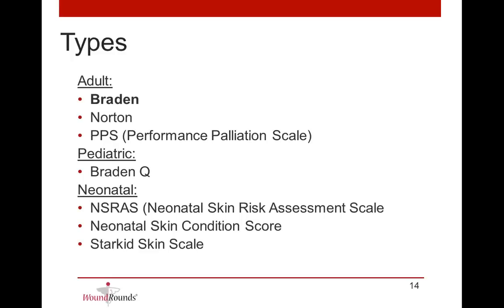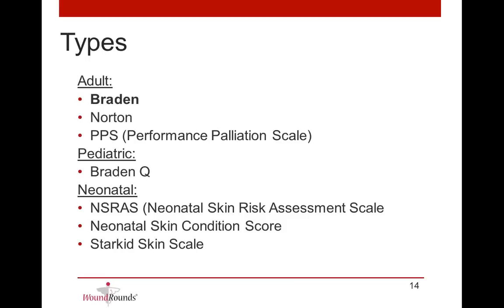The next slide shows you various risk assessment scales that are available currently. You'll see several for the adult population. You'll also see a derivative of the Braden for the pediatric population, and you'll see several neonatal risk assessment tools as well.